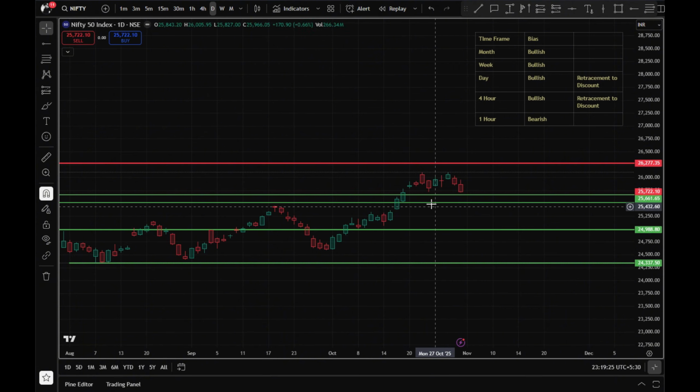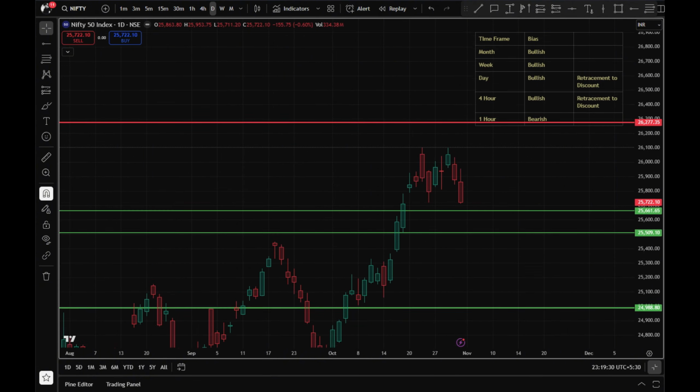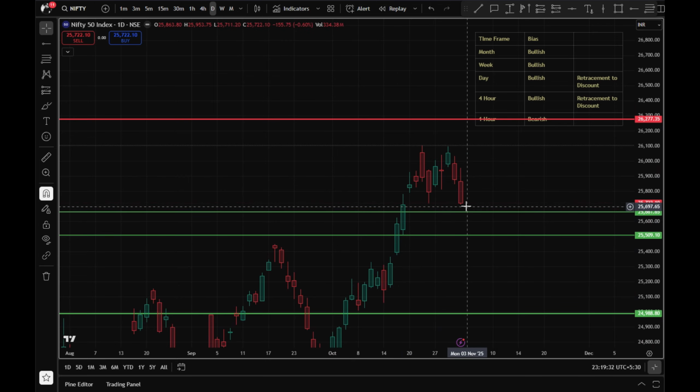In the daily time frame, let's see, has this low been taken? Yes, a previous low has been taken, and this high created is lower than the previous high.